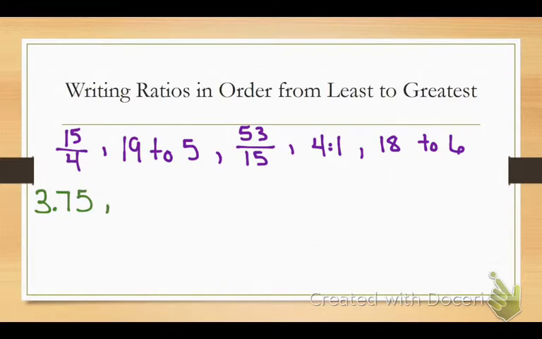Okay, what about 19 to 5? 19 to 5 is going to be 3.8. And I wrote 3.80 because then you can easily compare 75 to 80 and see which one's bigger or smaller. The 0 is not necessary.